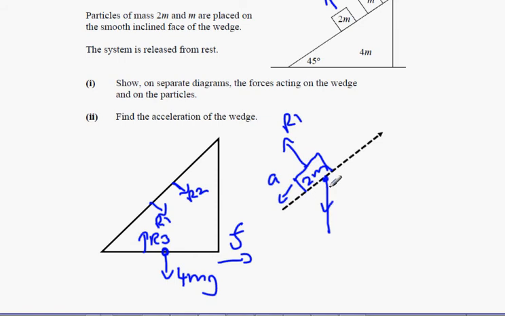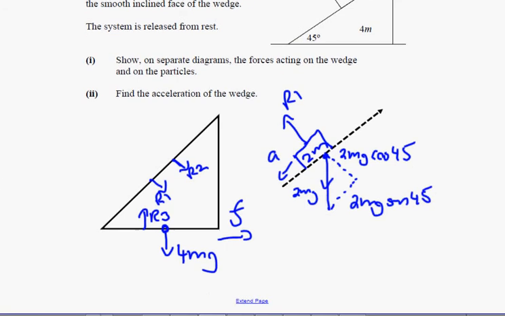So we're going to break up its weight into its components, parallel and perpendicular to the plane. That's 2mg going down, and then we're going to have 2mg cos 45 and 2mg sin 45.